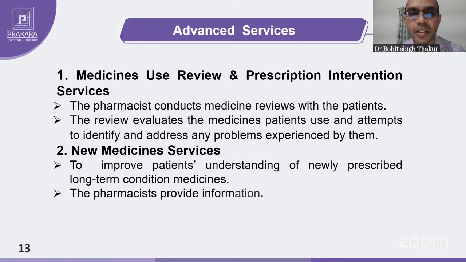For example, if I come to you with a prescription of paracetamol, then you put a review on paracetamol by knowing its side effects, its dosing frequency, and its cost effective price or pharmacoeconomics. So that is how you are going to have an intervention on the prescription services.